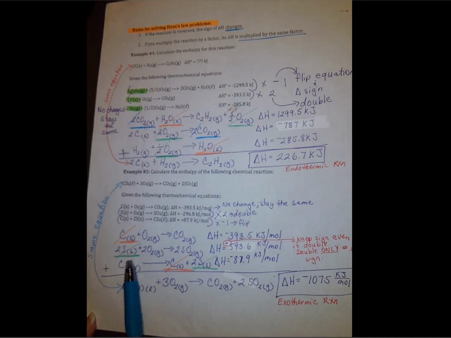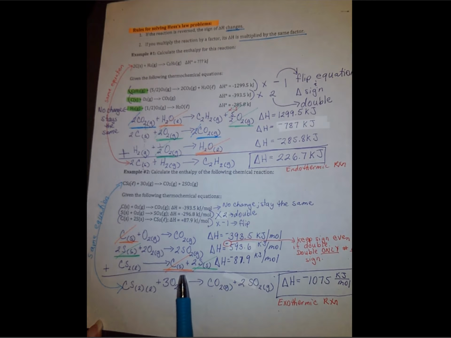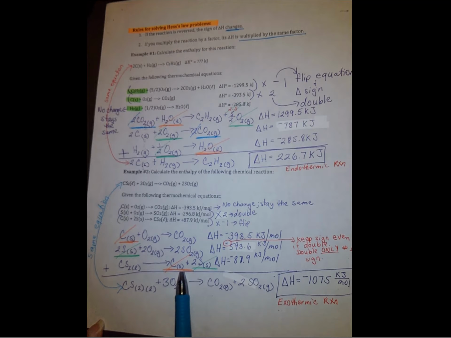We need to first cancel any compounds that are repeating. Keep in mind that in order to cancel a compound, it must show up in a different step on the opposite side of the arrow, and the number of moles must add up. So if you have 1 mole of solid carbon in the reactant side of step 1, and in step 3 we've got 1 mole of solid carbon in the product side, we can cancel them.